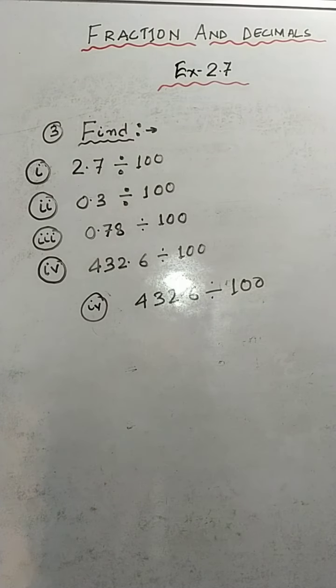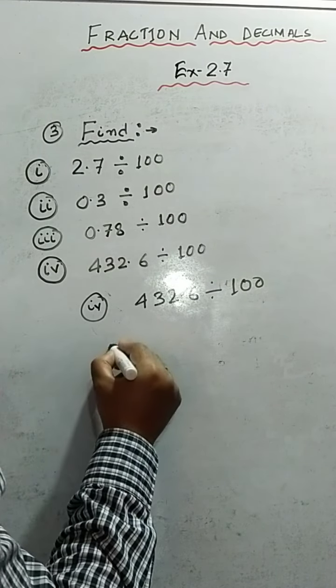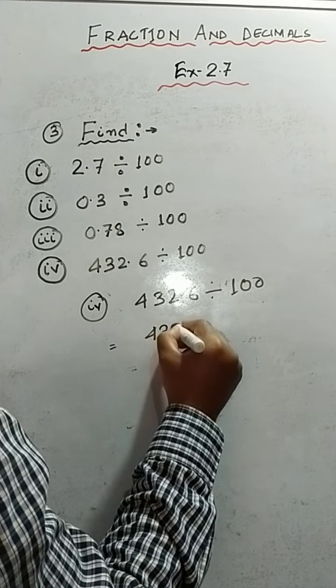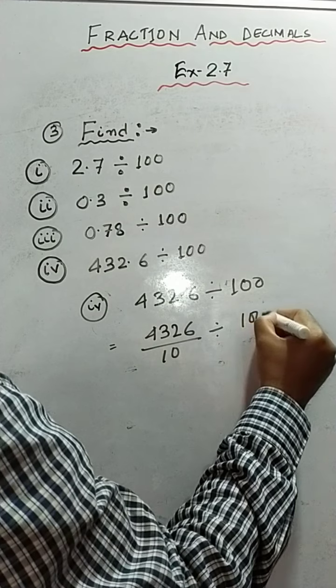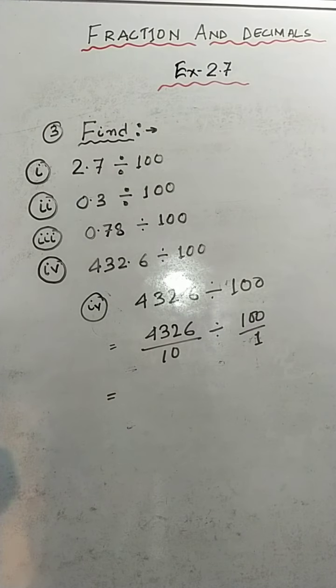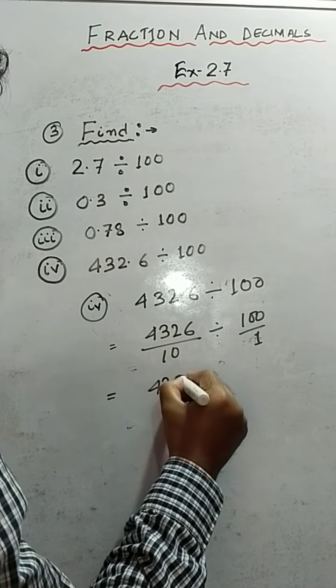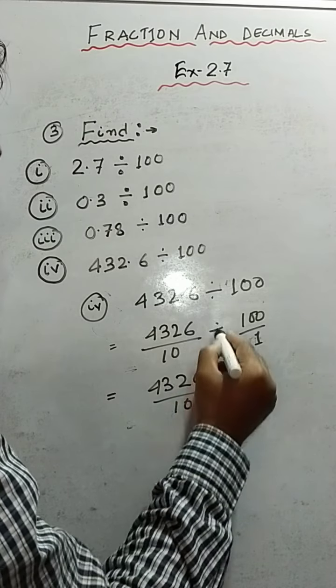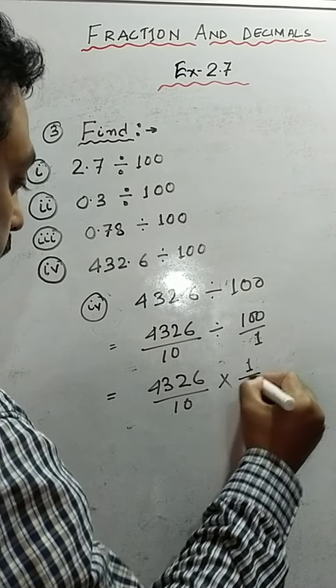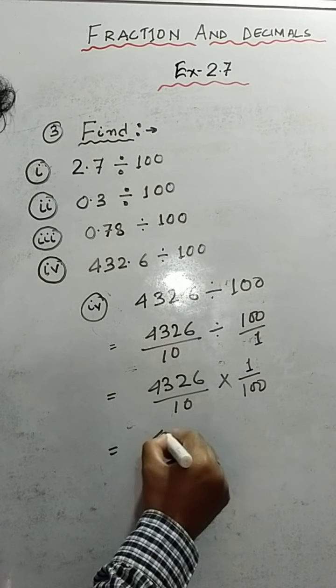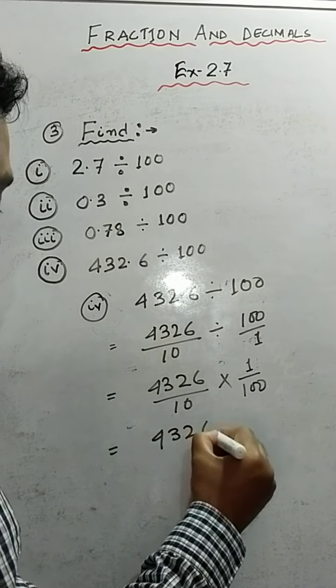Now let's move on to sum number 4. We have 432.6 divided by 100. Let's convert this decimal form to a fractional form, that is 4326 upon 10, division sign, then 100 by 1. Next step, in place of division we'll put the multiplication sign and take the reciprocal of this fraction, so it will look like 4326 upon 1000. 1000 means 3 zeros, that means 1, 2, 3.